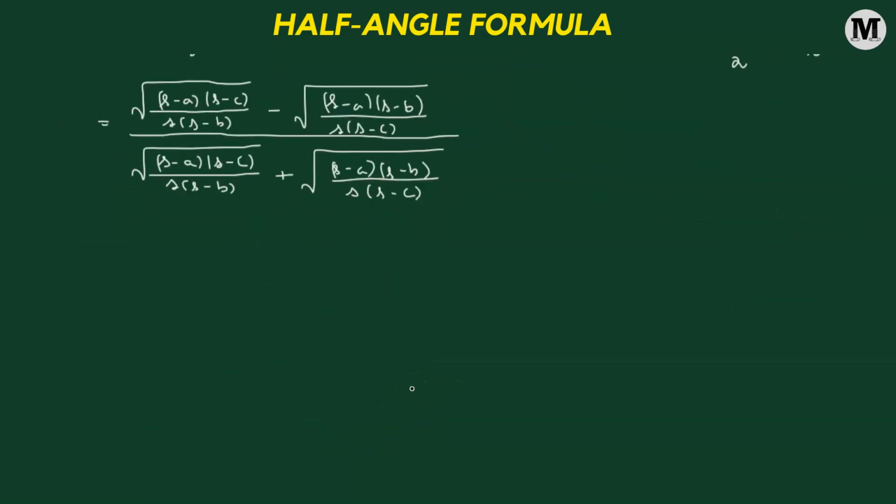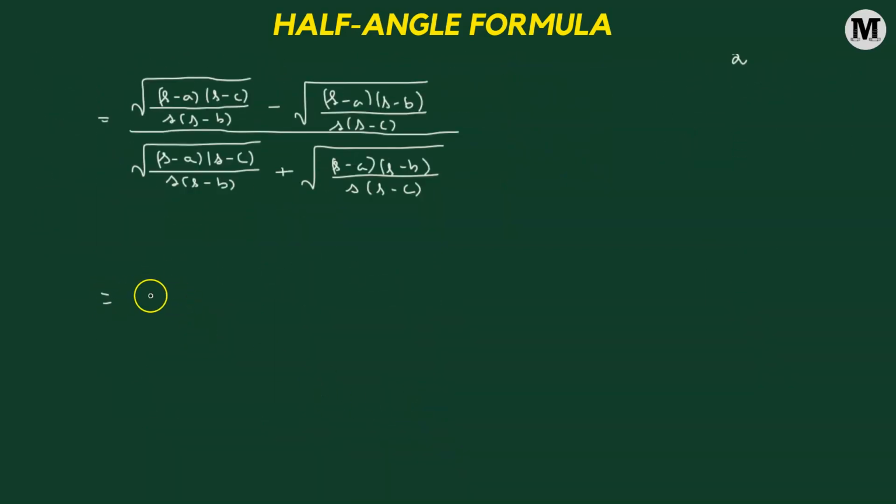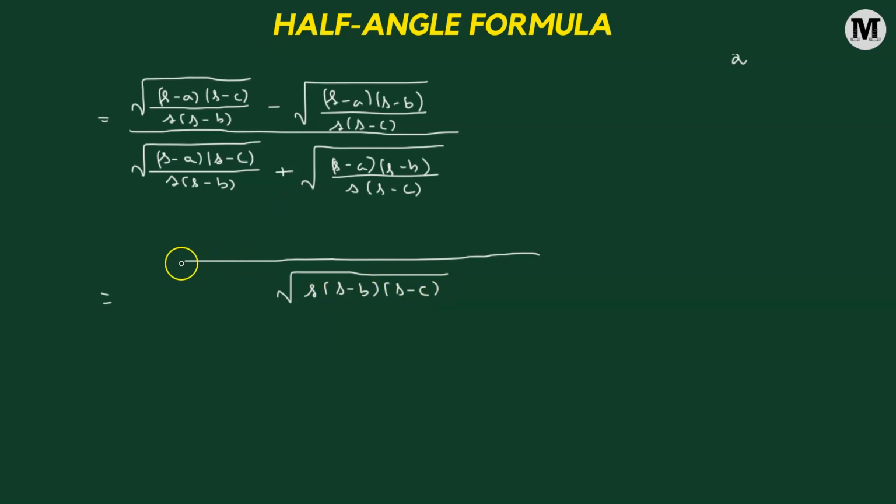Okay, so we will try to simplify this. Let's work with the numerator part first. Here we take the common denominator, which is the square root of s(s minus b)(s minus c). Then cross multiplying, the numerator becomes the square root of s(s minus a) times (s minus c) whole squared, minus the square root of s(s minus a) times (s minus b) whole squared.